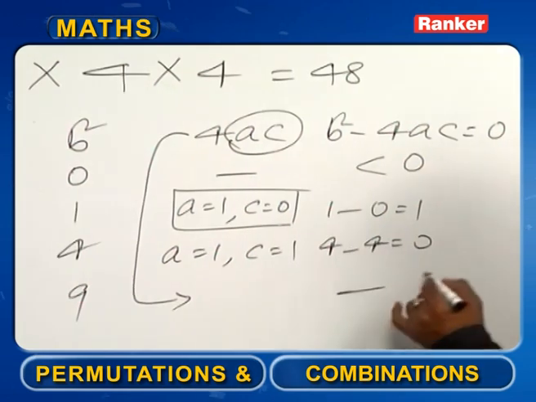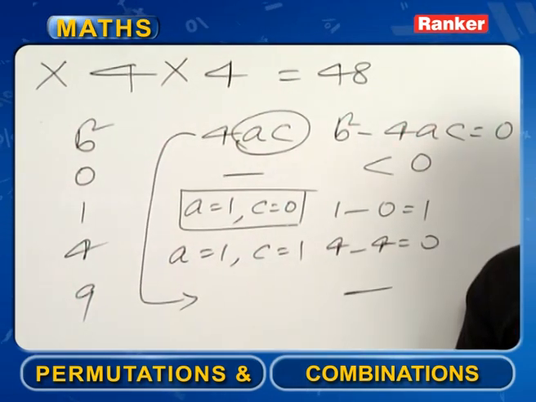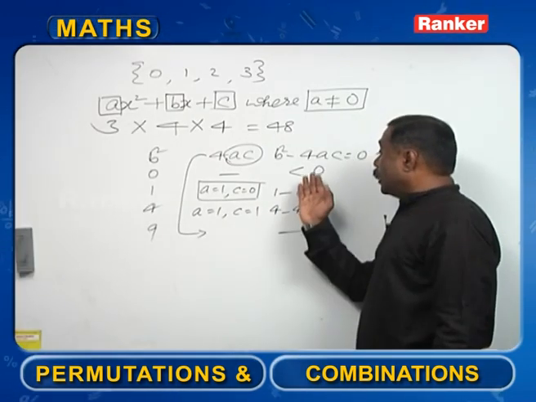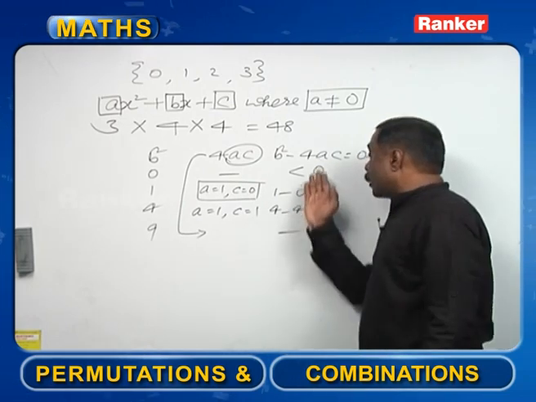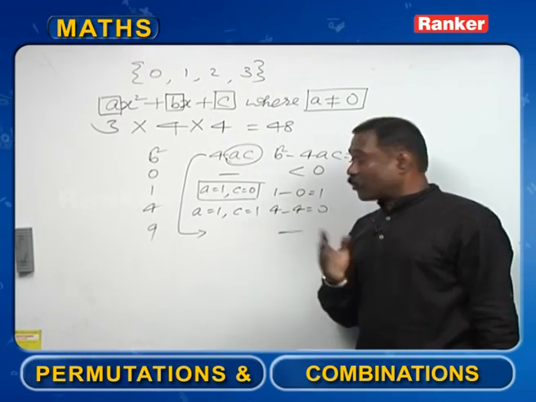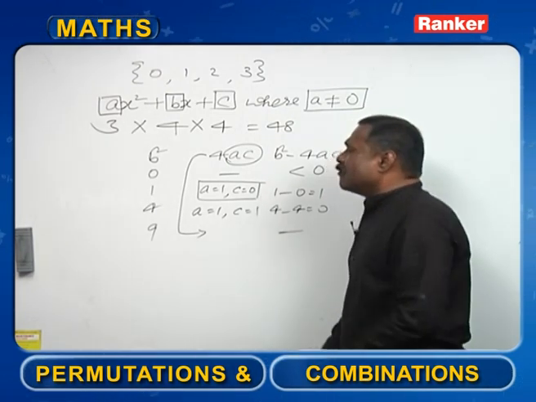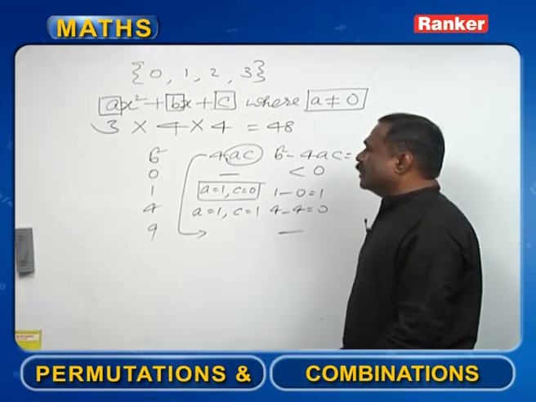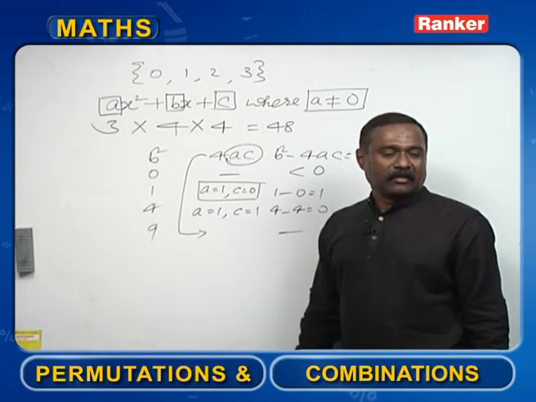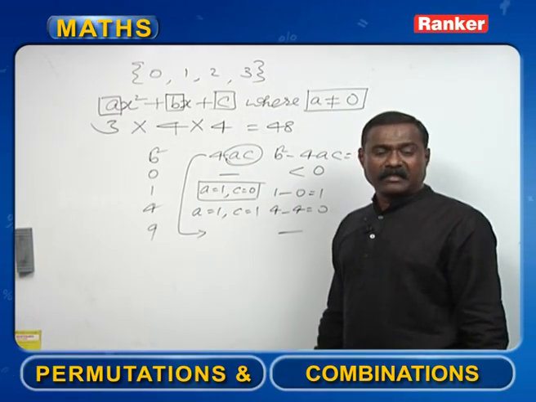That is why in this case also you will not have any such b square minus 4ac equal to 0. So if you go on counting like that, you can understand the minimum you will be getting.